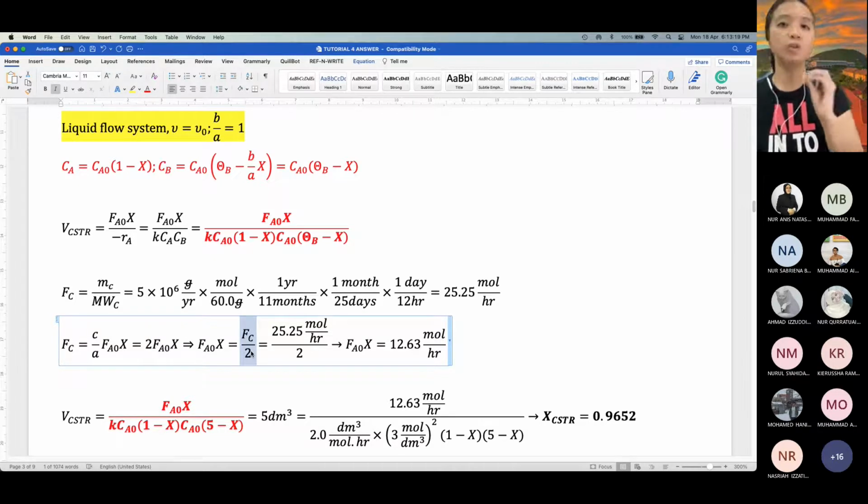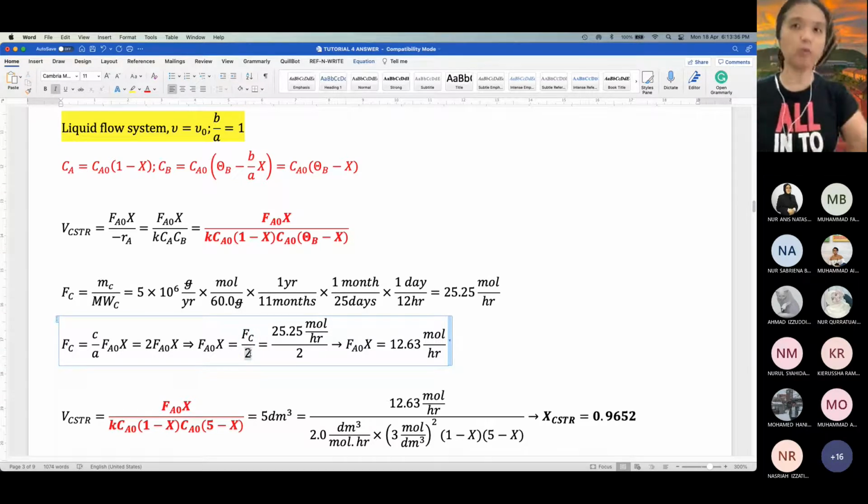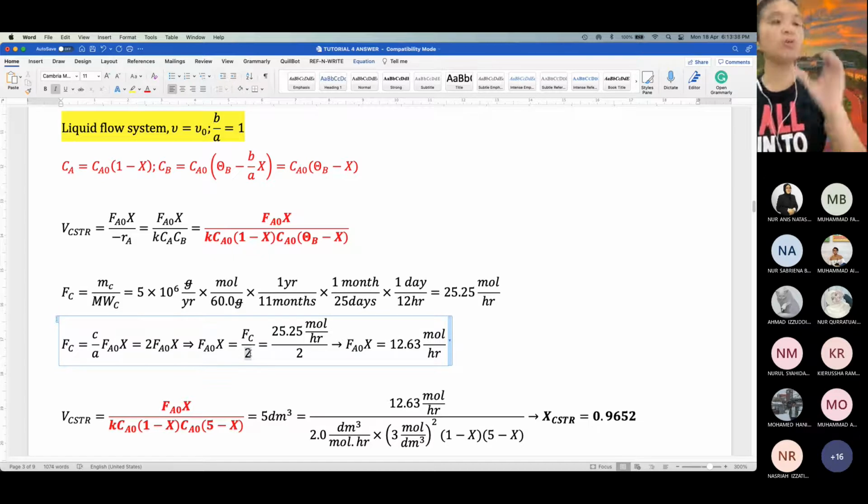You may be confused because I said we want to find FA0, so why now FA0 X? If you want to do it as FA0, you can; it means FA0 equals FC per 2X. Again, I repeat, you can also put FA0 equals FC per 2X.